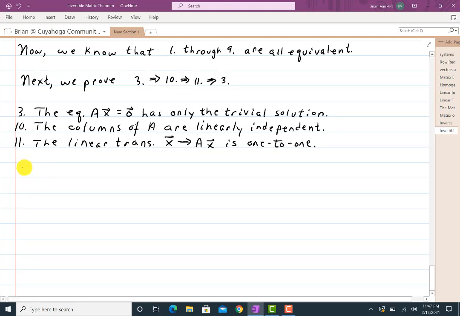All right, let's go ahead and start with 3 implies 10. Here we're going to assume Ax equals 0 has only the trivial solution.